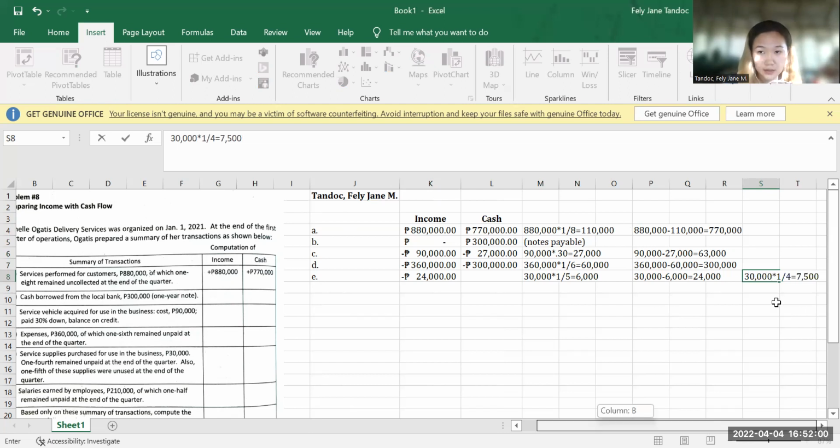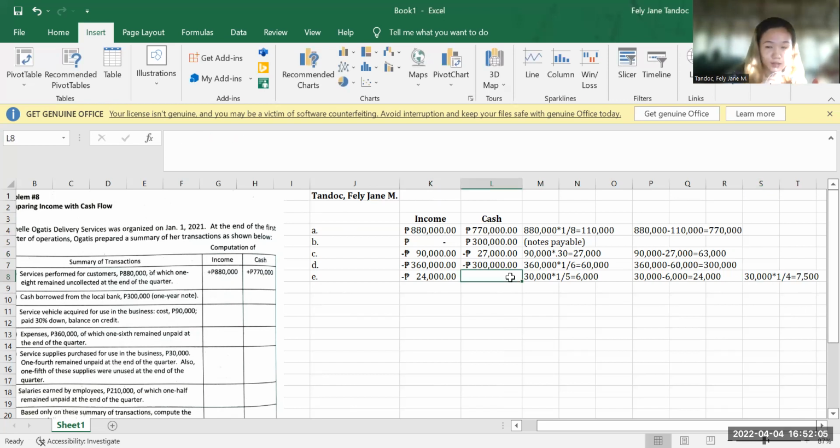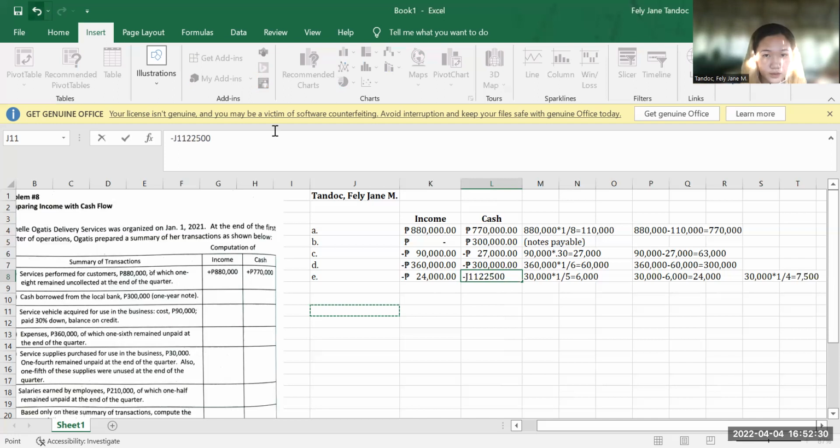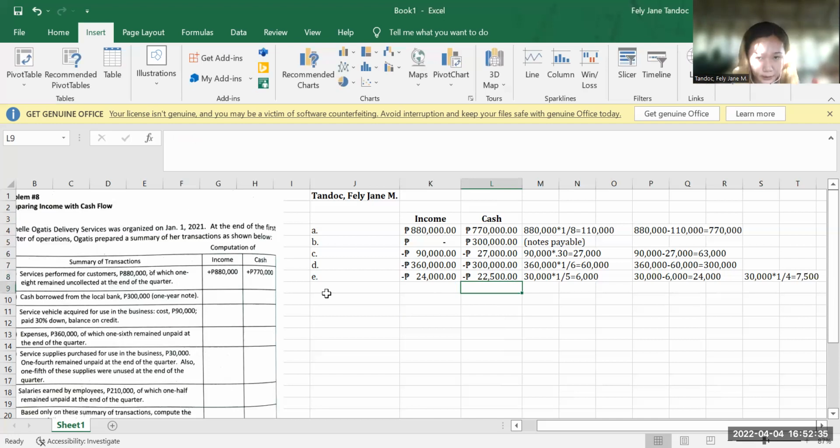To get the amount paid, 30,000 minus 7,500 is equal to 22,500. That is what was deducted. I forgot to put a minus sign. That is my entry for the cash account.